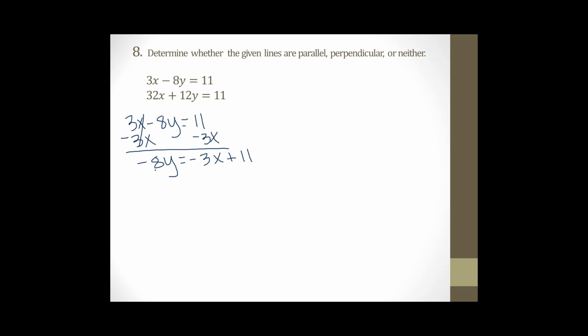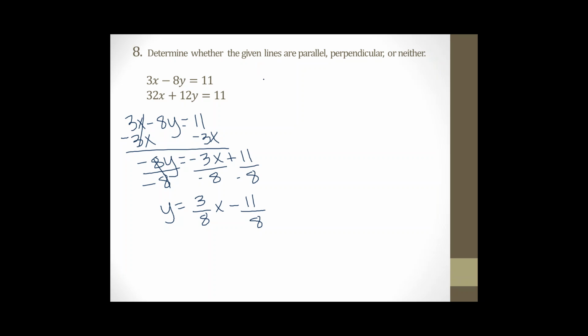And then we want to isolate y, get y by itself. So we'll divide everything by -8. So y equals negative divided by negative is a positive 3/8x. And then a positive divided by a negative would be -11/8. So the information that we need is the slope, which in this case would be m.